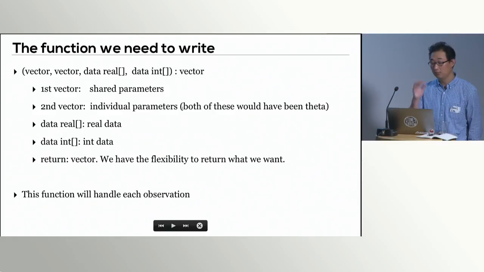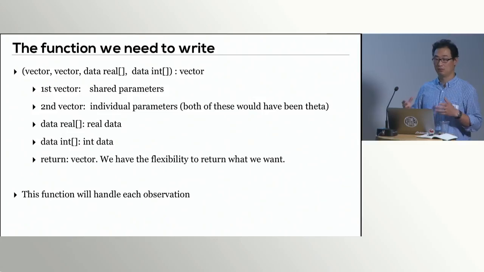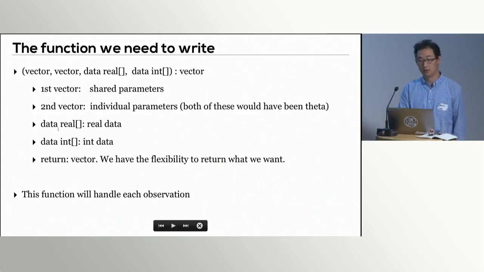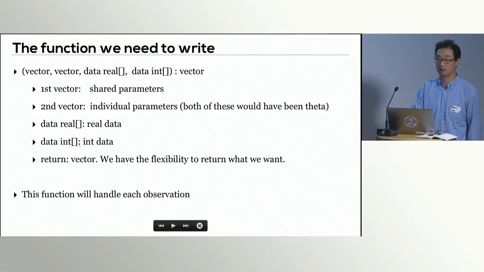In the ODE, both of these would have been included inside the theta argument. So what we're doing is breaking up the theta into things that are shared and things that are per individual. And the next two arguments just match the arguments in the ODE, a real data and an integer data. And the return is a vector.